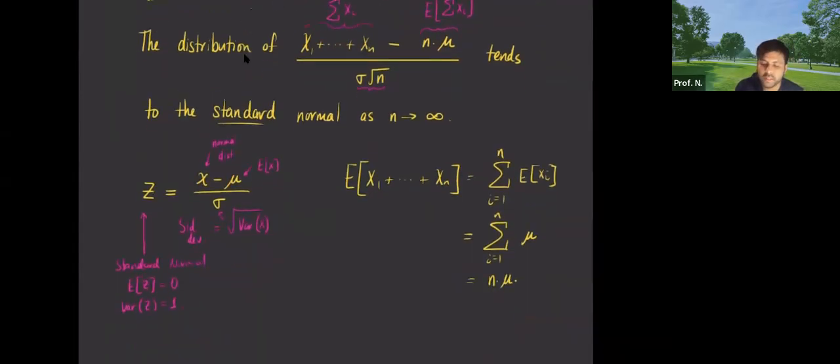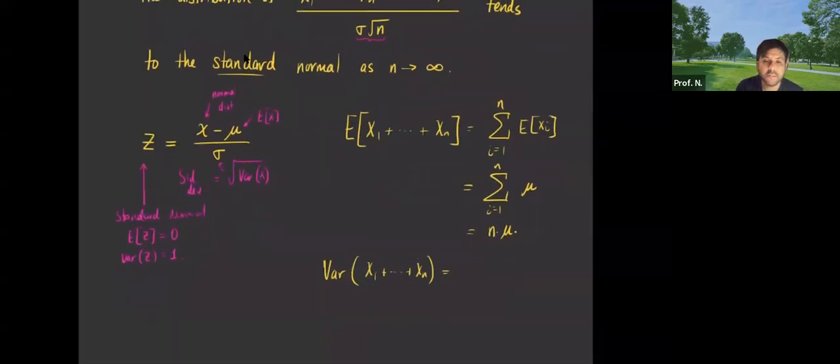And now what's the variance? You guys remember this? What's the variance? Well, they're independent and they're identically distributed. Only because they're independent, I can do this, right?